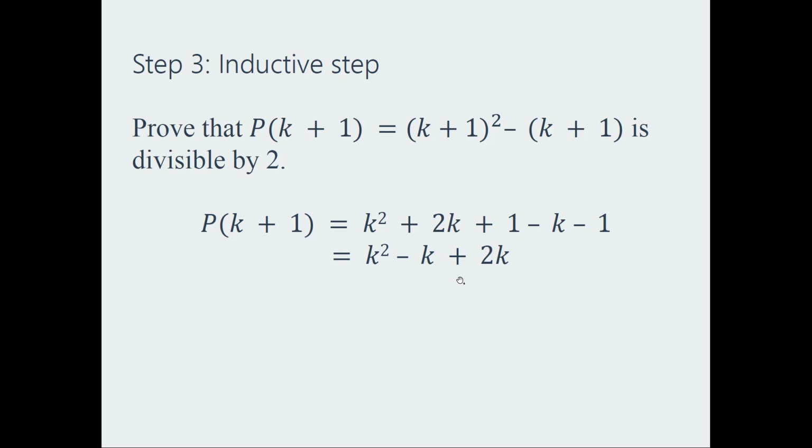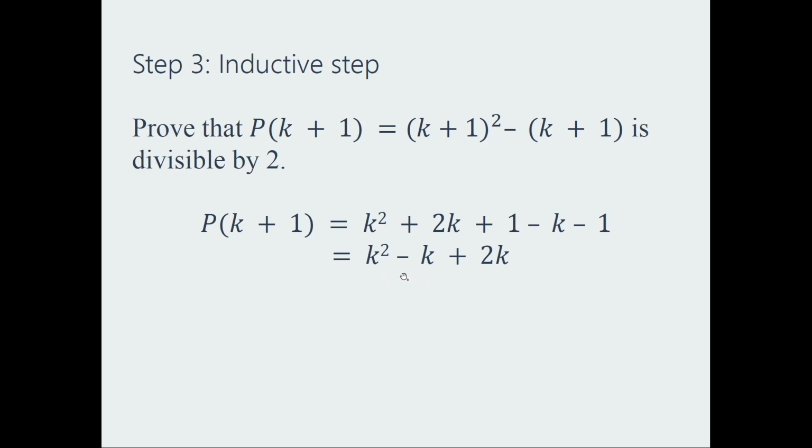Now, why did we do this? And what can we do here? Notice that if we separate the terms, k squared minus k, let's look at it individually. And then 2k. So let's separate these terms. Now, if we look at k squared minus k, we actually saw this before.